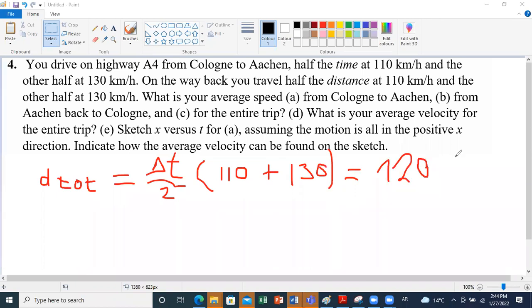And now, if I replace into the expression of the average velocity, I have that V average is d total over delta t.